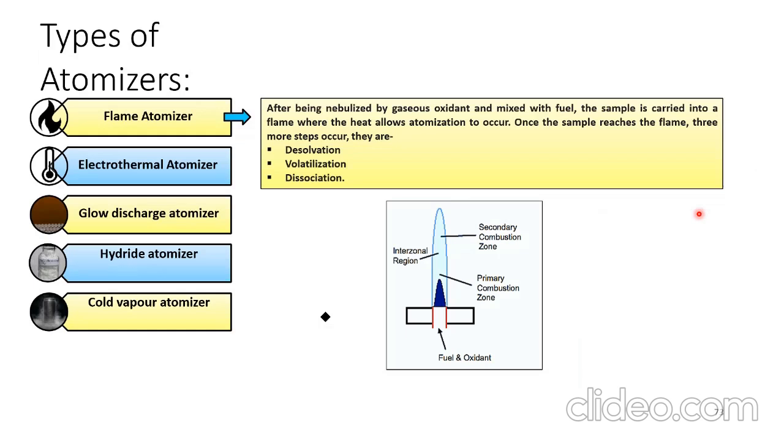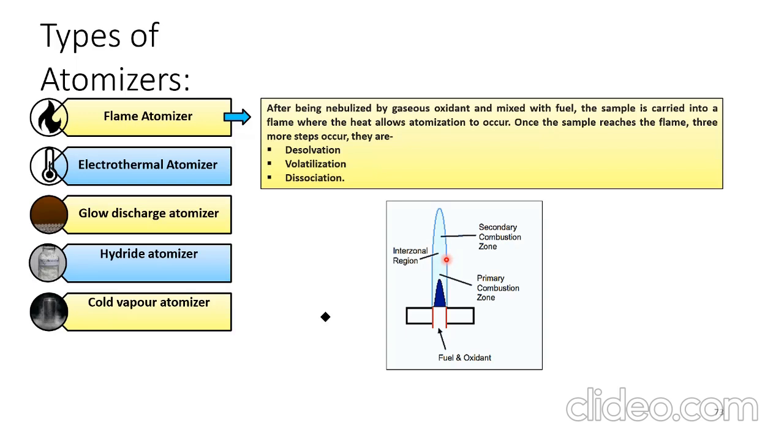So types of atomizer: flame and graphite atomizers are generally used. In the flame atomizer, after being nebulized by the gaseous oxidant and mixed with fuel, the sample is carried into the flame. Suppose this is the flame, and this is the primary combustion zone, secondary combustion zone, and the interzonal region, and it is allowed to atomize.